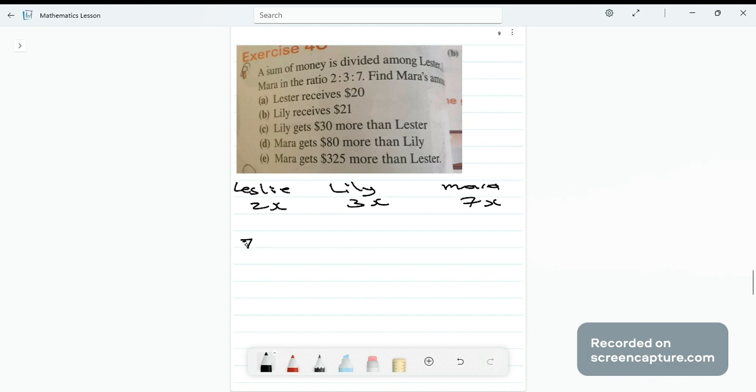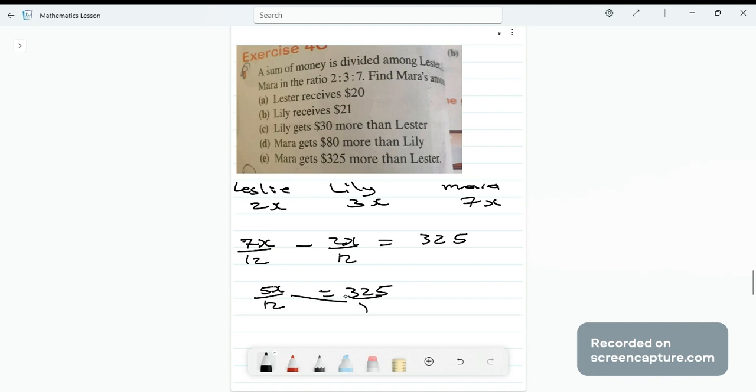So we're going to say 7x over 12 minus 2x over 12, and this is equal to 325, right? Because what we're saying is whatever Mara got, it is 325 more than whatever Leslie got. Still seeing this as an algebraic subtraction. 7x minus 2x gives us 5x over 12 is equal to 325.